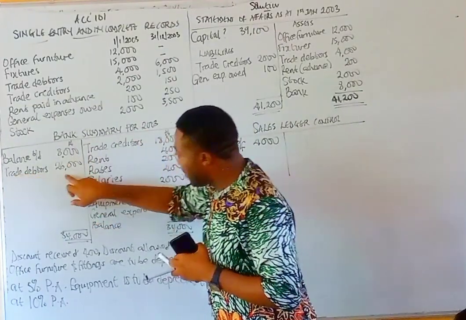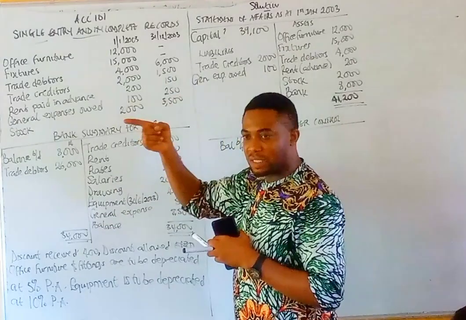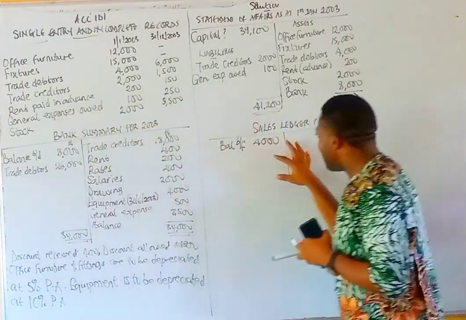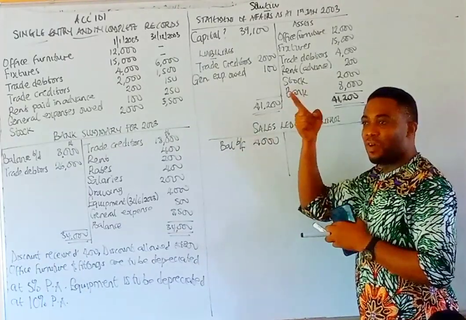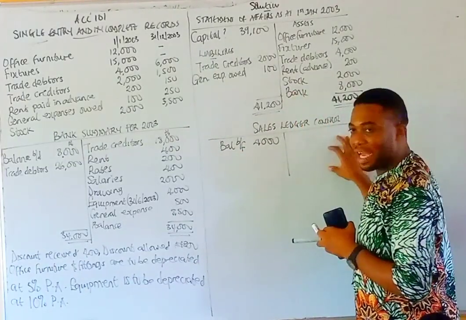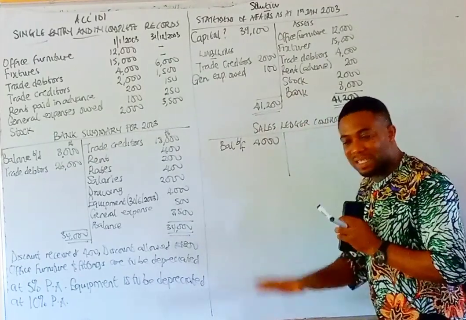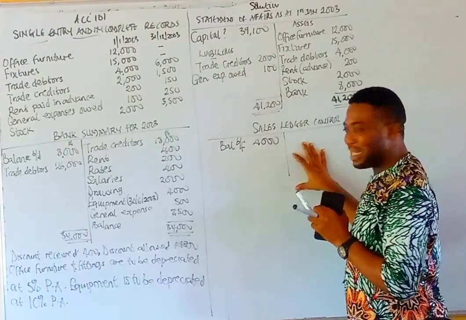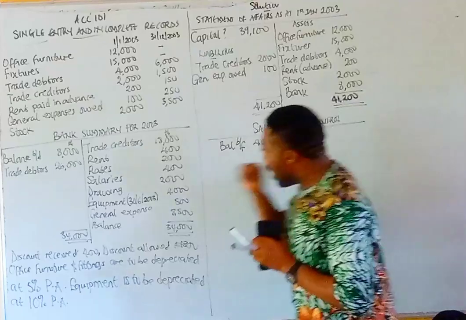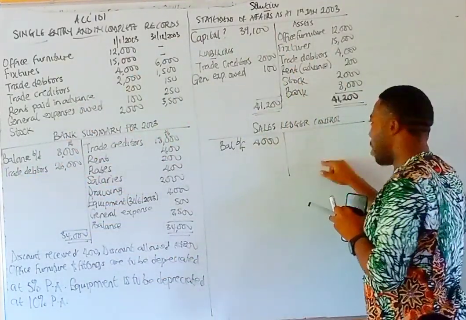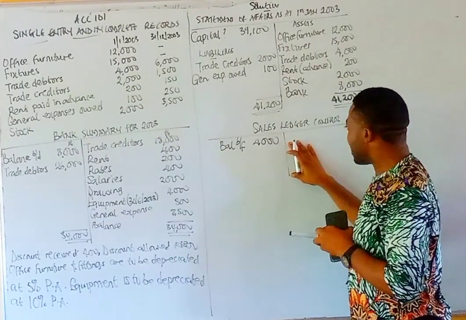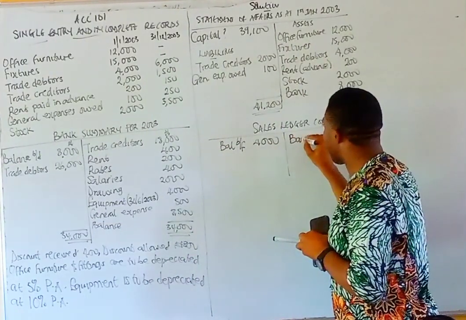This is received from debtors. It means debtors paid. I said the rule guiding this is the debit side contains items that will increase the debt of the debtor, while the credit side contains items that will decrease the debt of the debtor. That's the rule guiding the control account. Now, I said trade debtor, with debit here, the corresponding entry comes as credit in the sales ledger. So this will be bank.